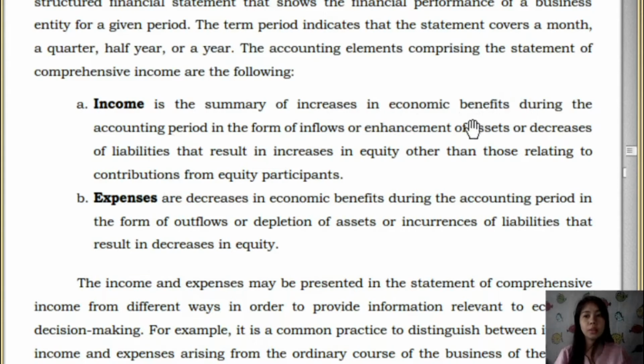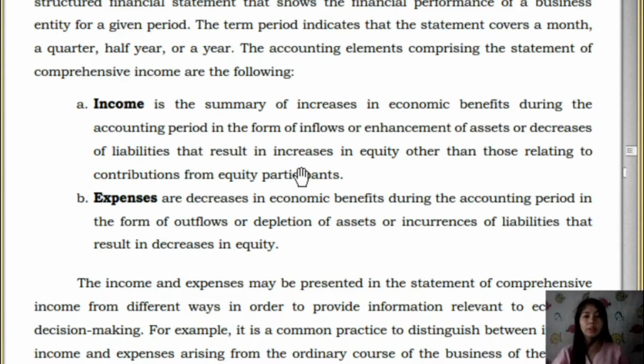increases in economic benefits during the accounting period. So, lahat ng ma-generate ninyong income from sales na nabenta ninyo sa customers. So, a form of inflows or enhancement of assets or decreases of liabilities that results in an increase in equity.